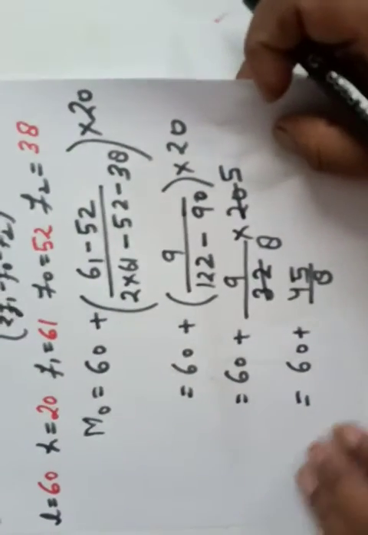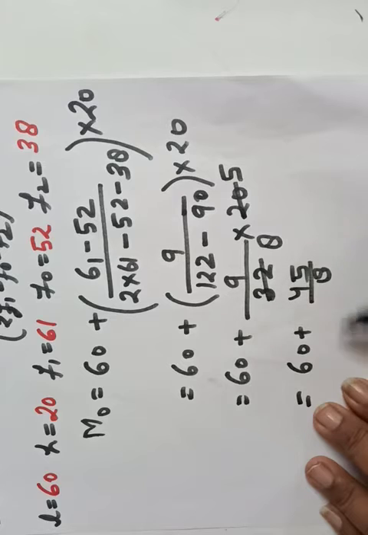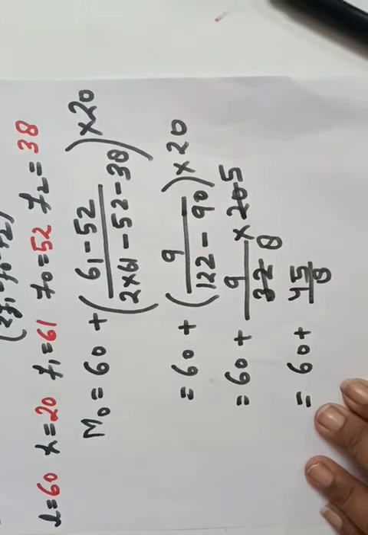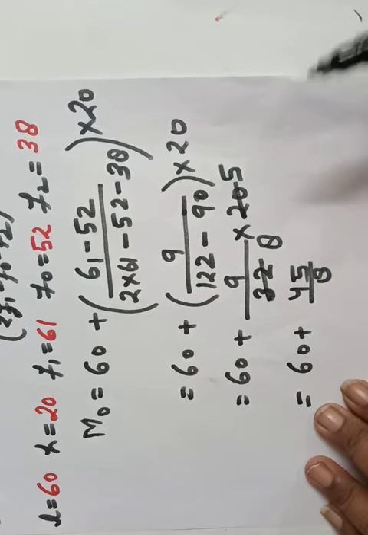So what we can do, we can either take the LCM, or since it is not completely divisible, we can convert it into decimal form and add it to the 60. Or we can take the LCM and after that convert into decimal.